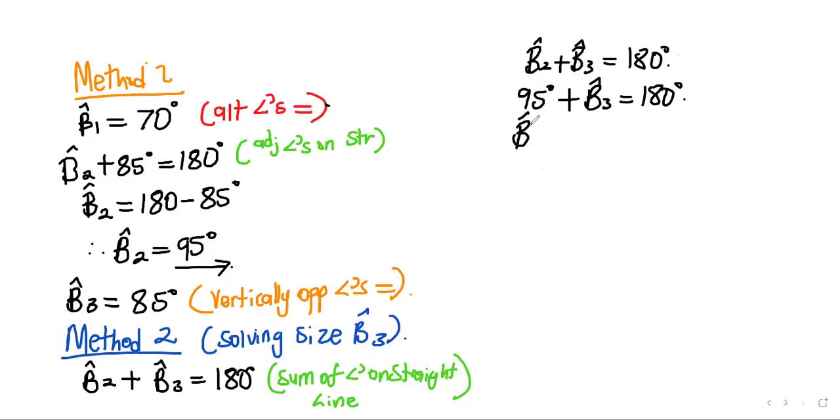Then angle B3 is equal to 180 degrees minus 95 degrees. Why is it minus? Because when you transpose it to the other side, the sign changes to negative. Therefore, the size of angle B3 is 180 minus 95, which gives 85 degrees.